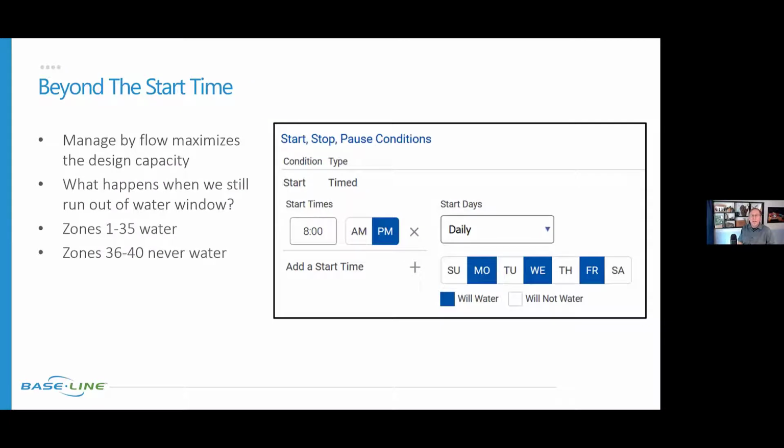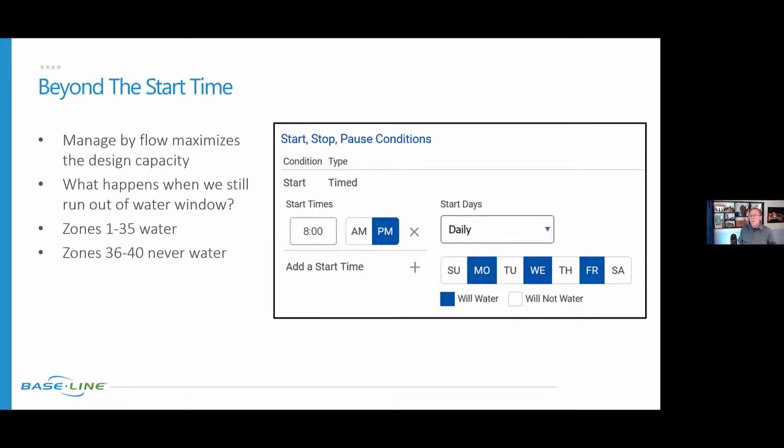Let's talk about moving beyond this start time, right? So manage by flow is about maximizing that design capacity. We're going to take that 50 gallons a minute and do everything we can with it. Let's let 50 GPM run through that pipe the entire time if it can. Let's keep it as close to 50 gallons a minute as possible, and that's as efficient as possible.